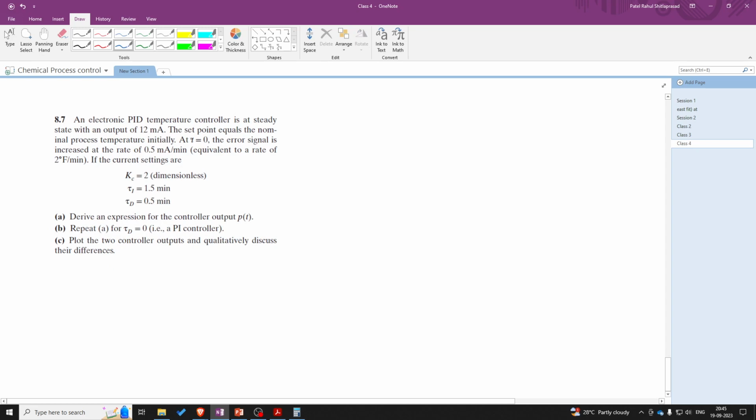So the error signal is given by 0.5 t. In terms of the S domain, we can take the Laplace transform of this equation. The Laplace transform of t is 1 upon s square, so it will become 0.5 upon s square.